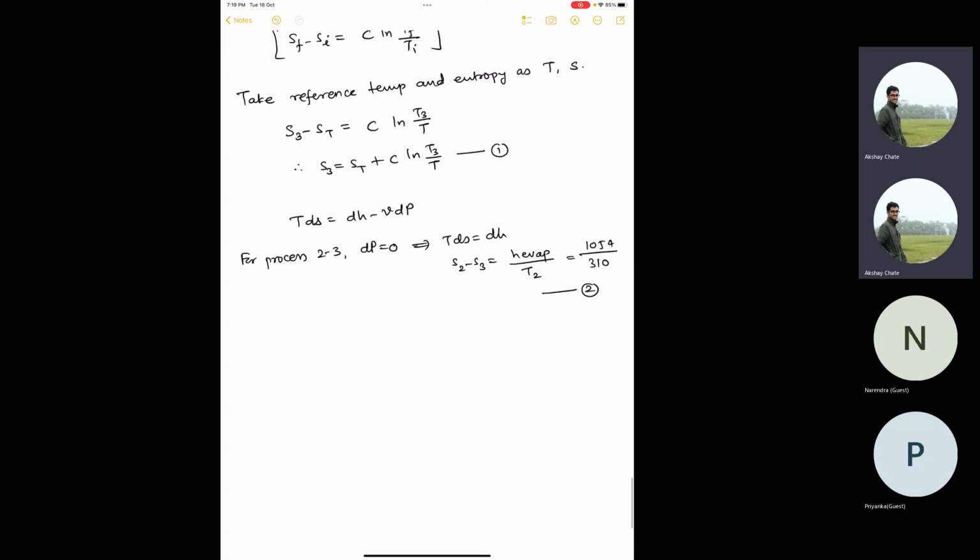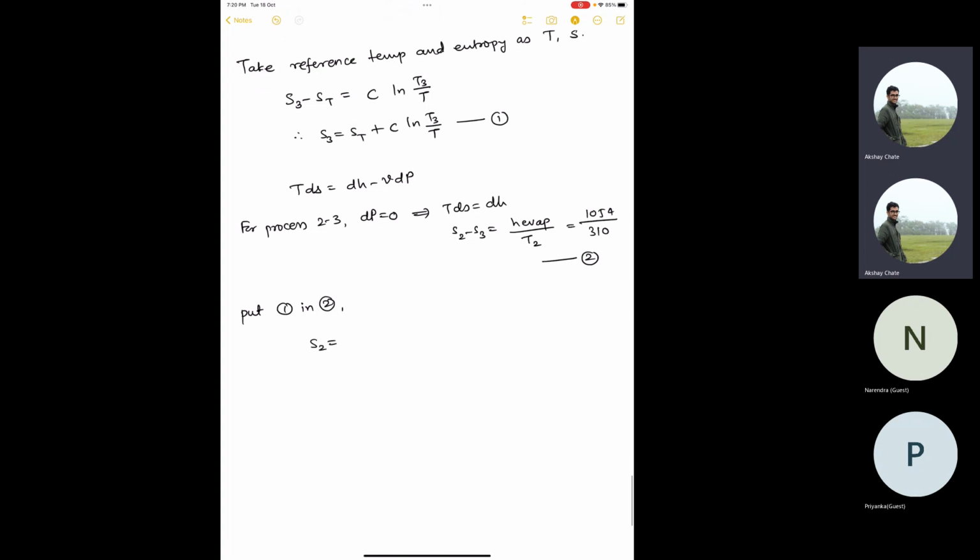So what you do? You put 1 in 2. Then you get S2 equal to, taking S3 to the other side, S3 equal to 4.8 ln 310 by T, plus this term 1054 by 310. Okay, so now you have reached S2.